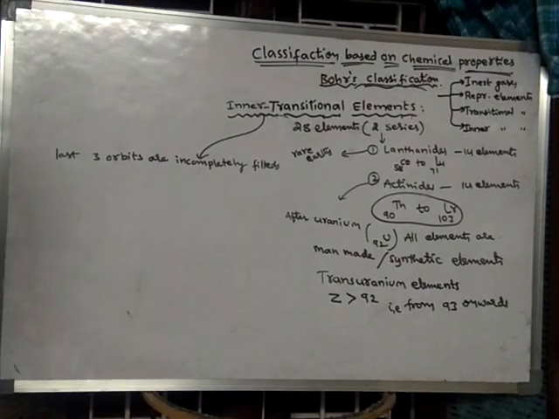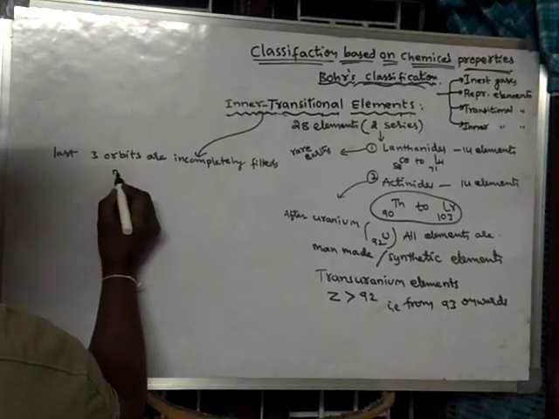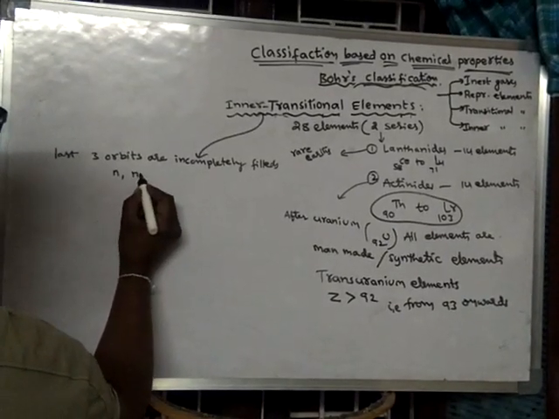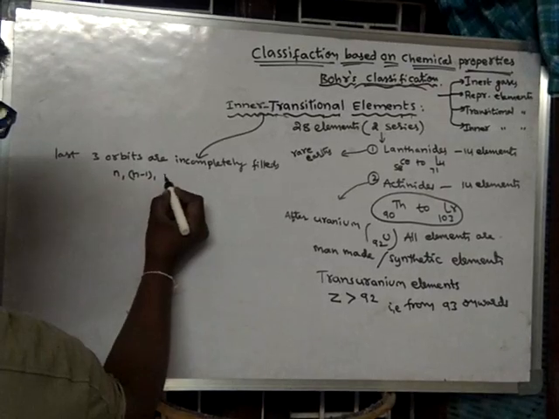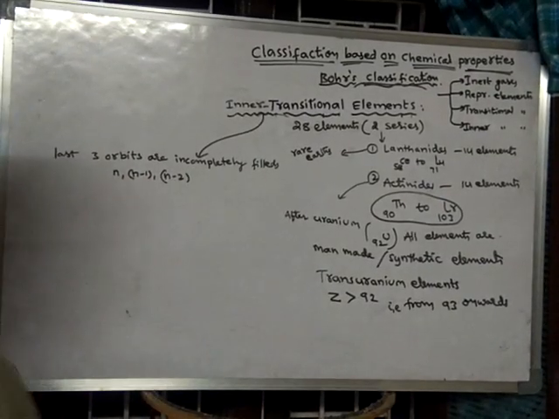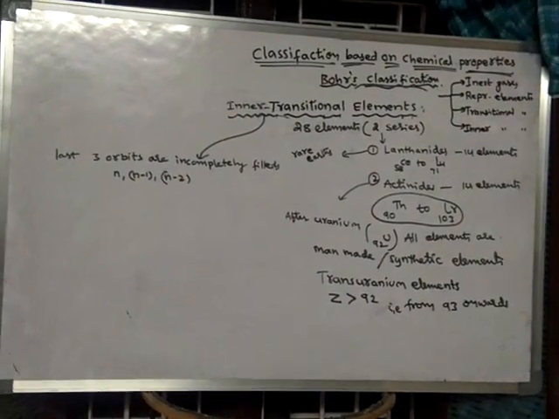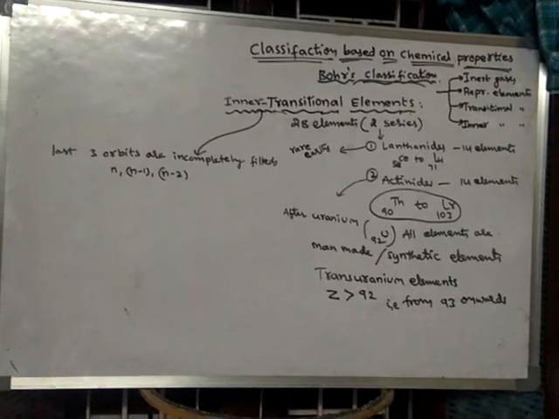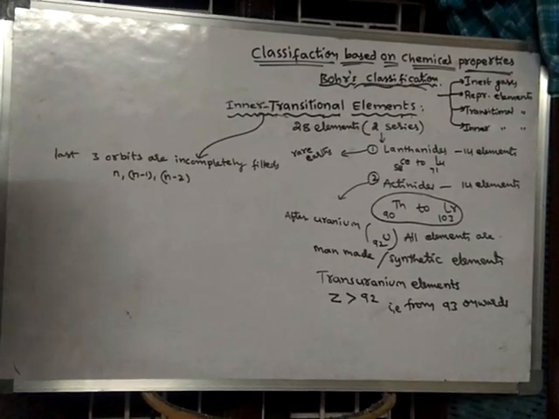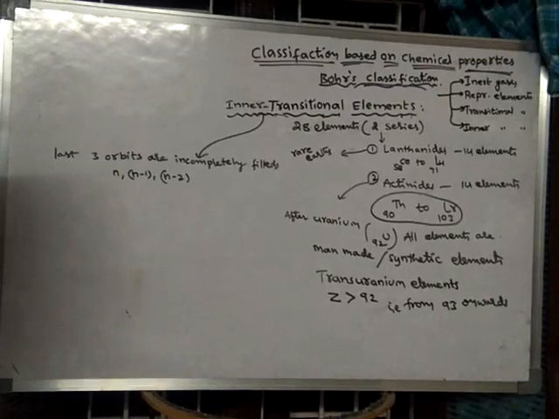What are the last three orbits? Nth orbit, n-1 orbit, and n-2 orbit. So all the 3 orbits are incompletely filled. Okay, they are called inner transitional elements.